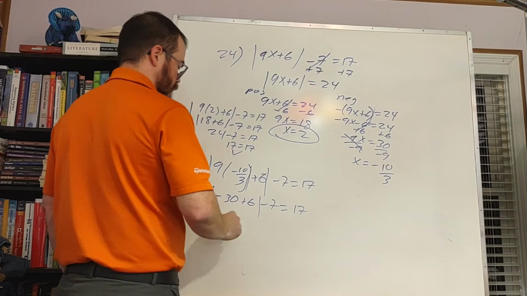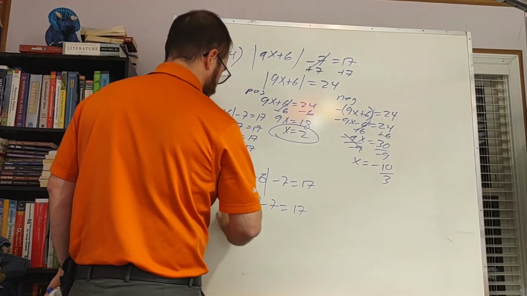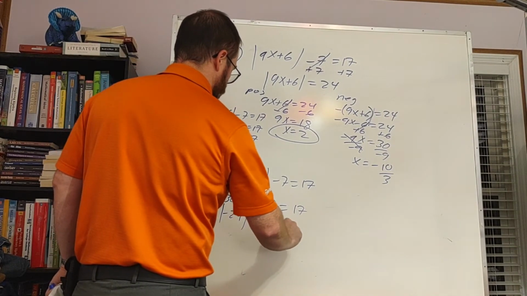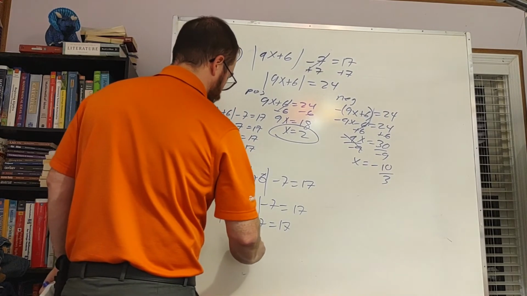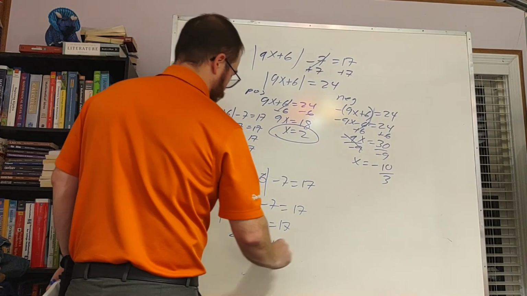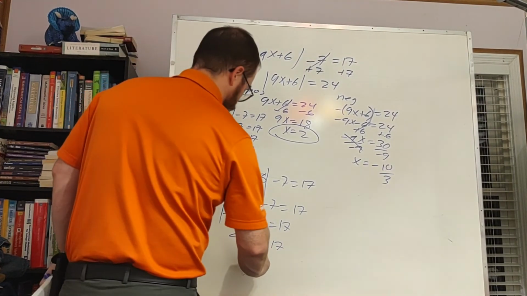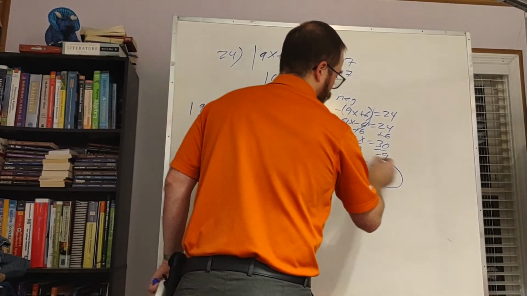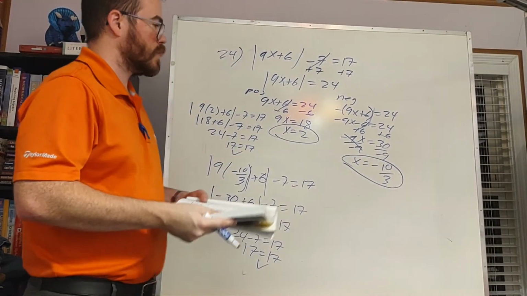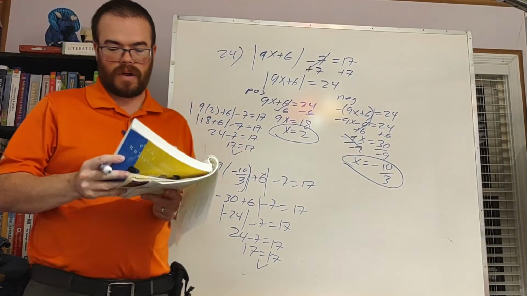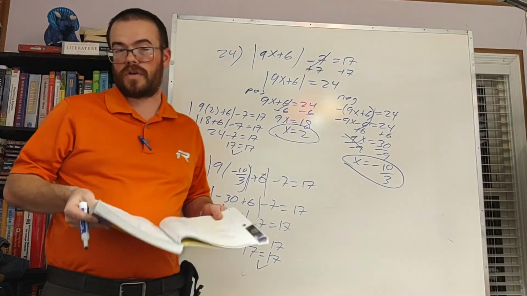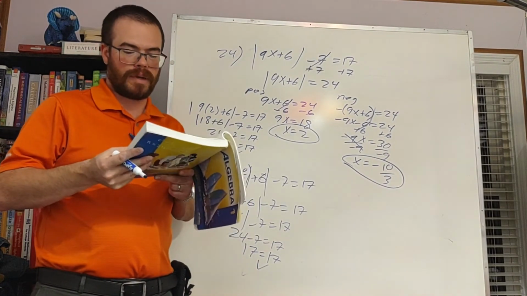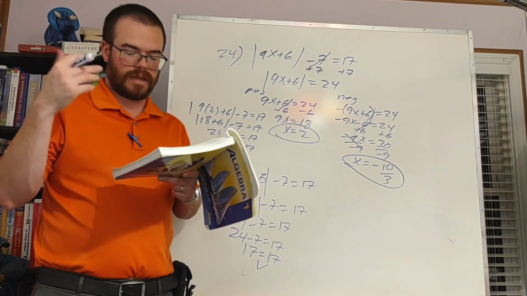So negative 30 plus 6 is negative 24. Absolute value of negative 24 is positive 24. So 24 minus 7 is 17. So we're like, yep, that one works too. So both of those worked. So for 24, that problem gives us 2 solutions like we expect. That's typically what's going to happen. Okay, so we have to look at that.